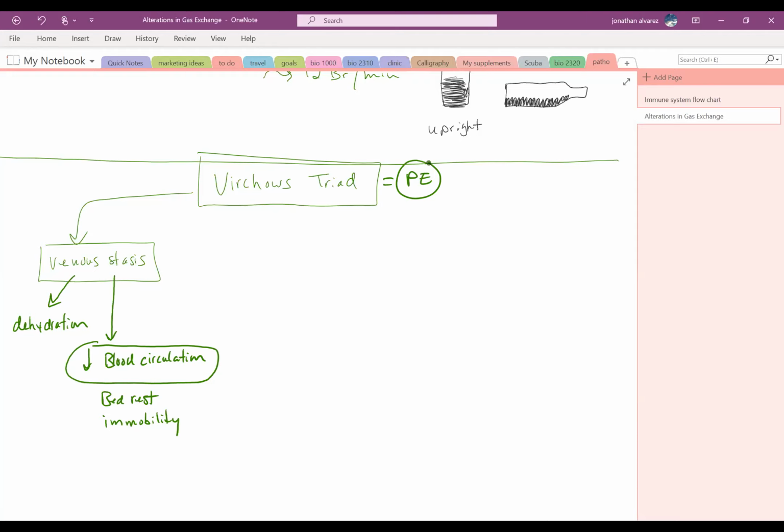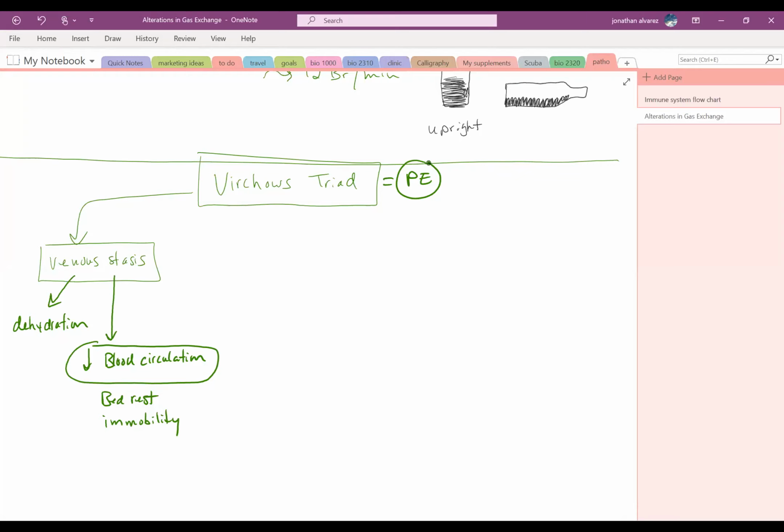Stasis is a state of not moving, right? Static or stasis. Dynamic, ideally, is what we want. You want the body to be moving. A sedentary lifestyle is overall just not good. So some form of movement is necessary.